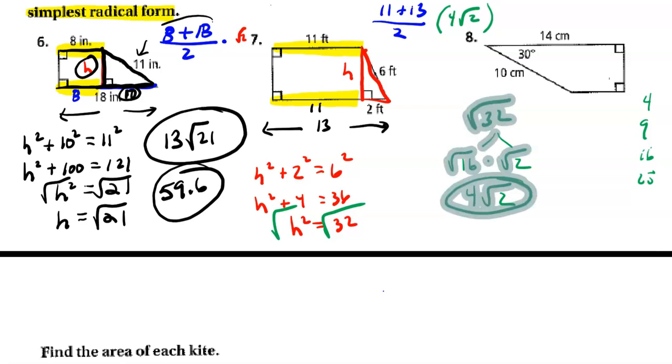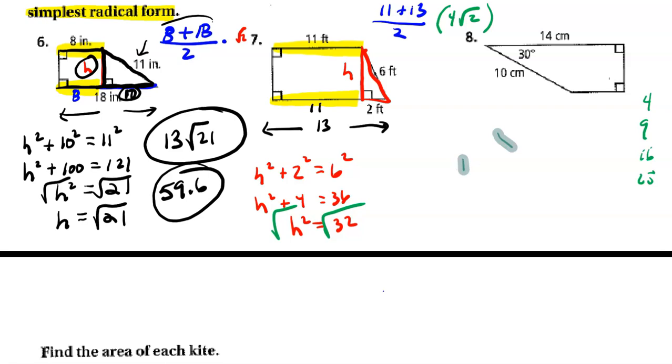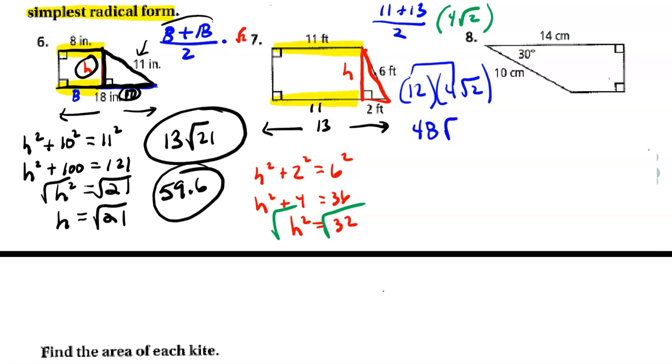So let me kind of get rid of these. And let's go ahead and finish it. So 11 plus 13 is 24, divided by 2 is 12. So I have 12 times 4 radical 2. And when you multiply radicals with numbers, you can only do the two whole numbers out front. So that would be 48. And then the radical 2 is just going to come along for the ride.